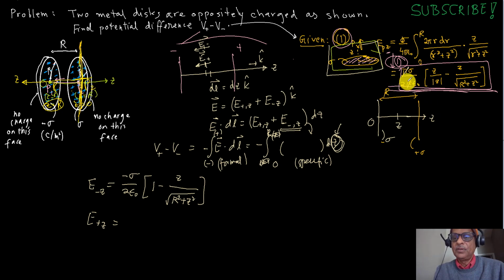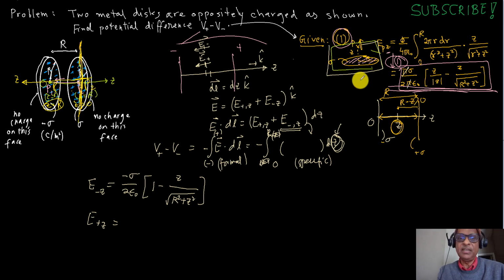So you can see that from here to here, the distance is r minus z. If we're using the same z, r minus z will be greater than 0, since z is between here and here.